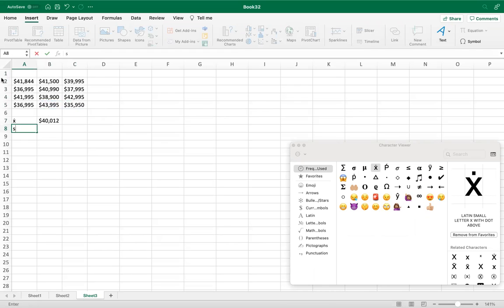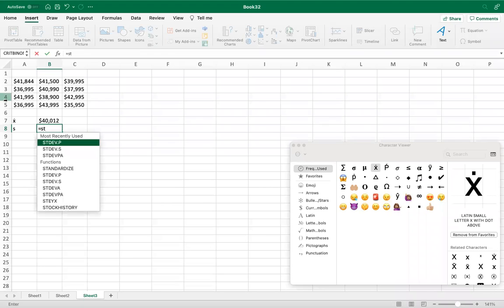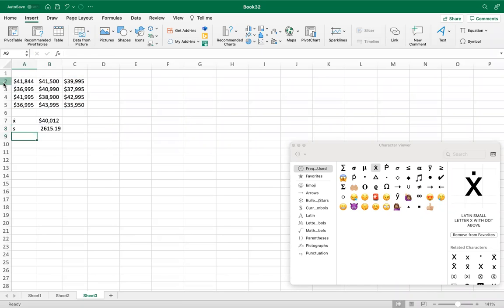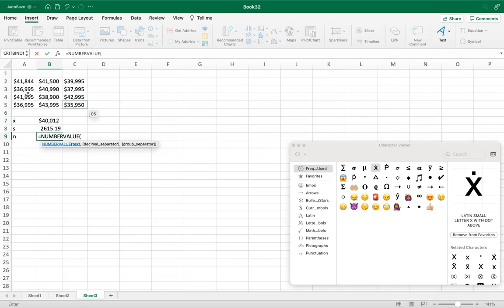Then we need s, our sample standard deviation. So this is equal to STDEV of the sample. Get our data. Perfect. n we could say is equal to the number of values in this data set.